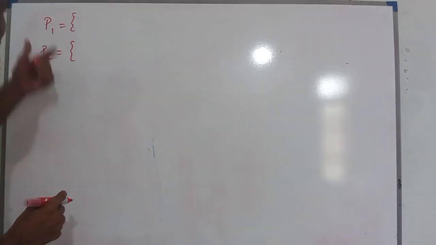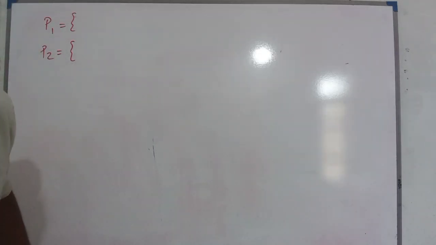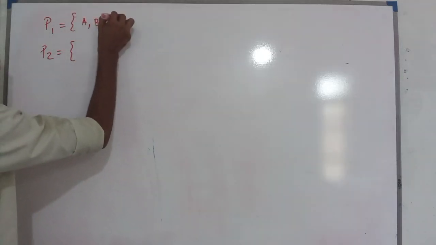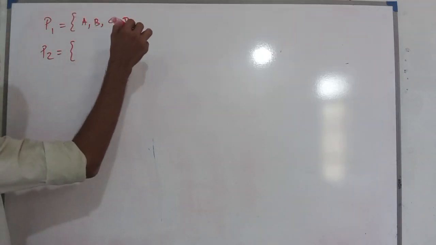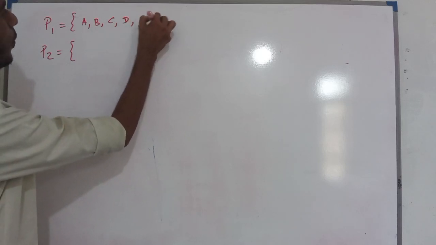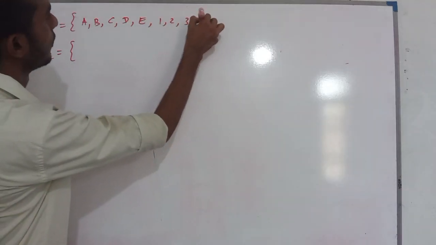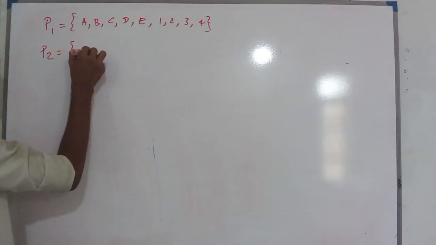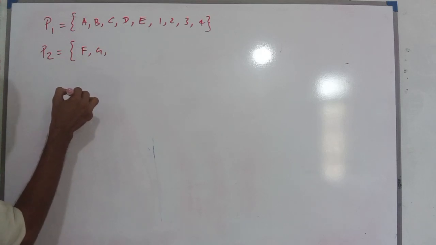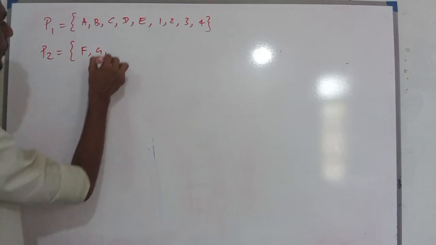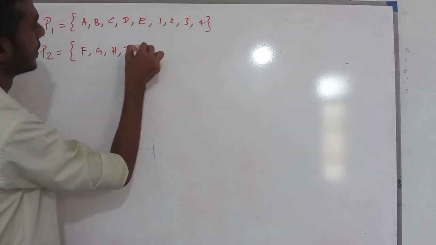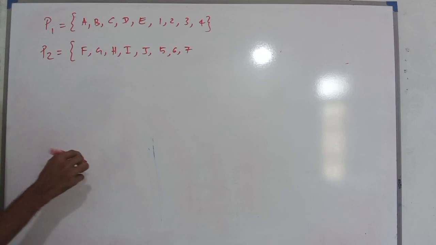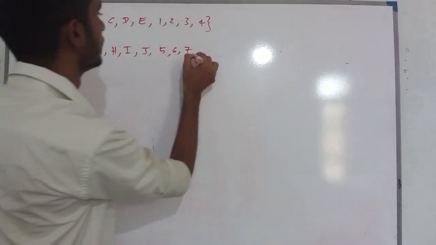So here the set P1 consists of letters and numbers A, B, C, D, E, 1, 2, 3, 4, right? And here P2 contains the letters F, G, H, I, J, 5, 6, 7 and 8, right?